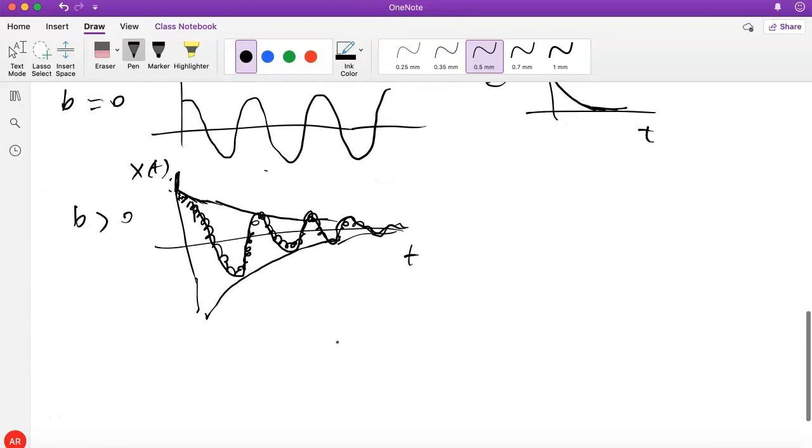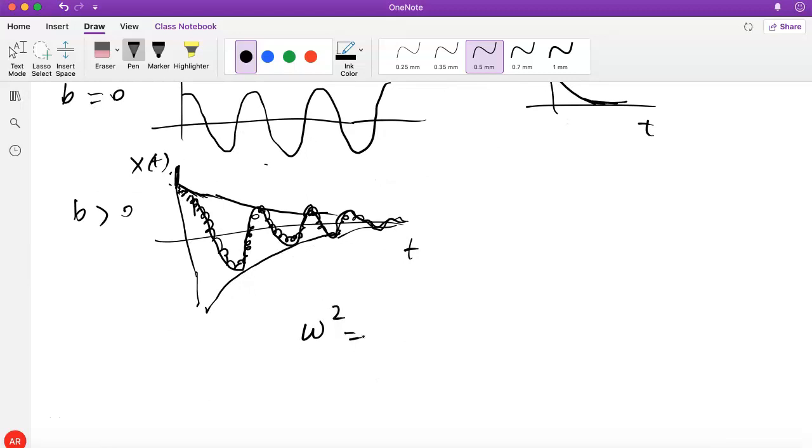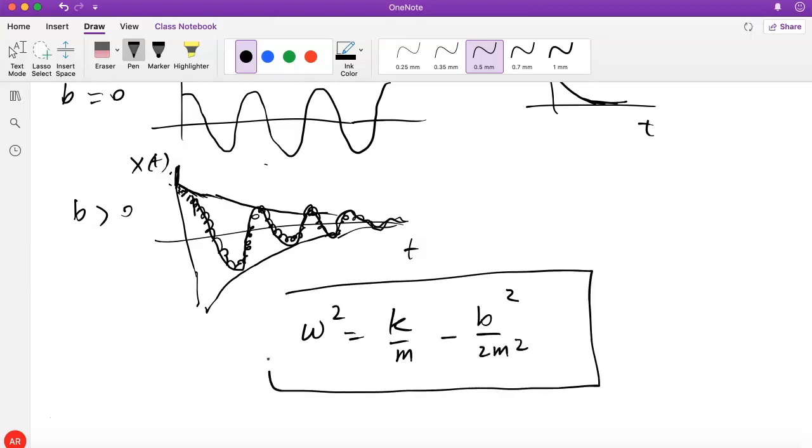Omega squared is k over m minus b squared over 2m squared. So notice that when b is 0, this has to be the same as a simple harmonic oscillator we studied before, which had omega squared equal k over m.